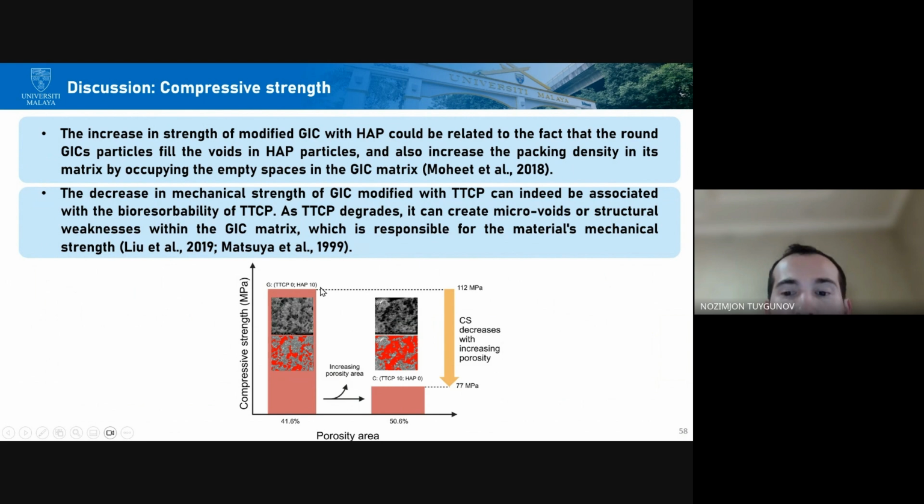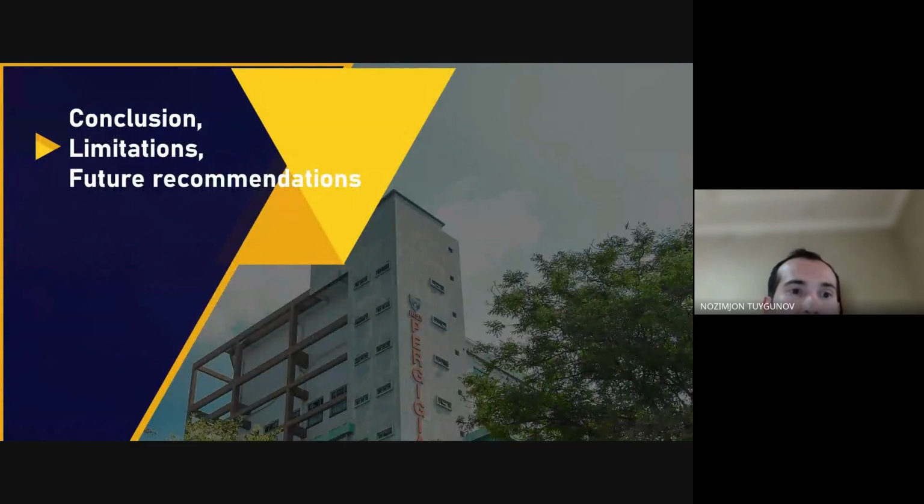Here we can say that HAP was used as a material to increase mechanical strength.